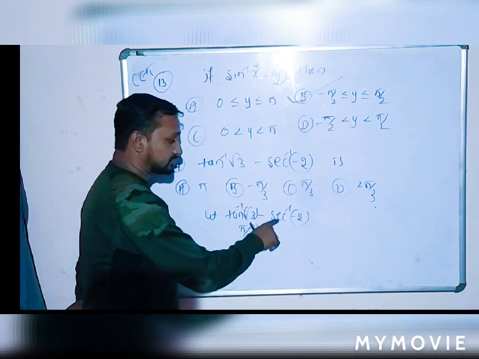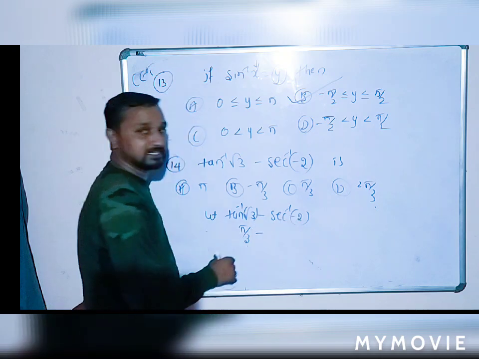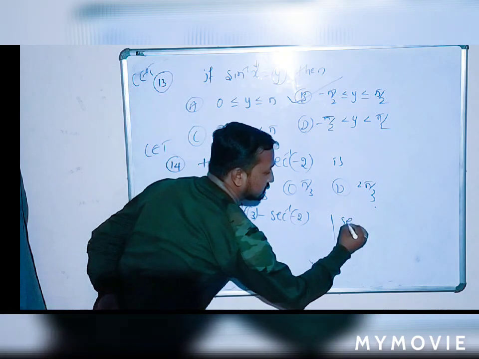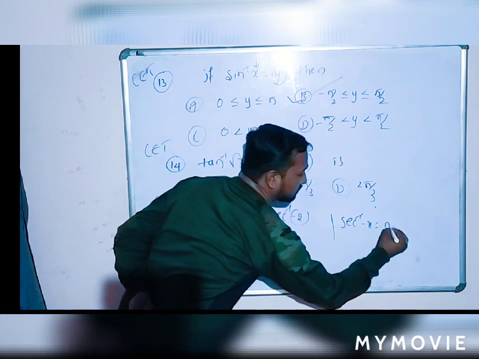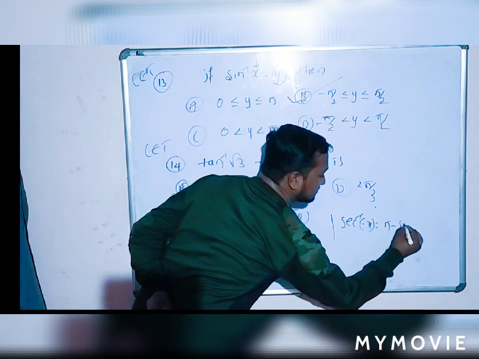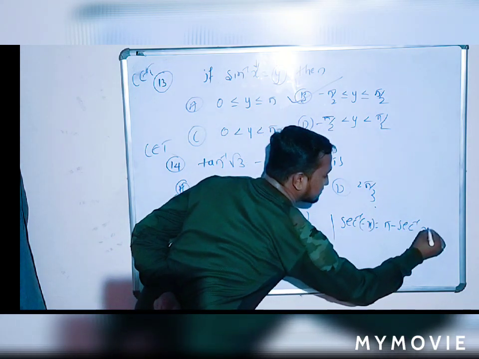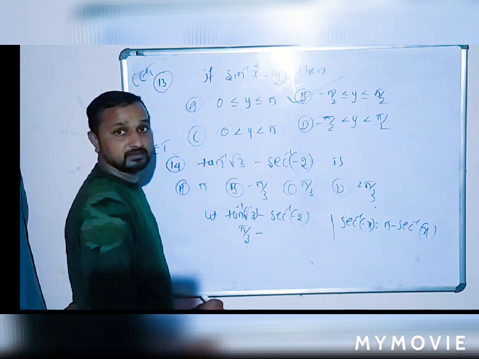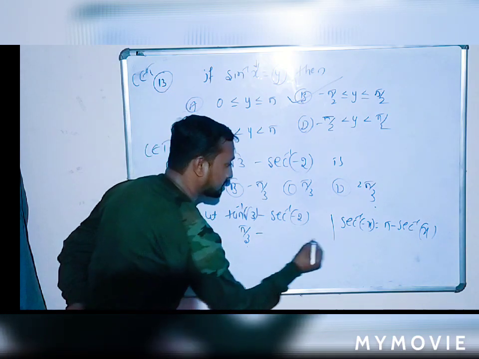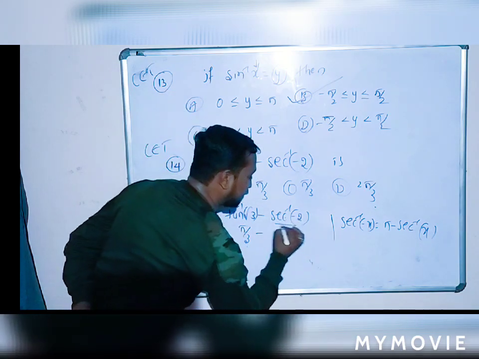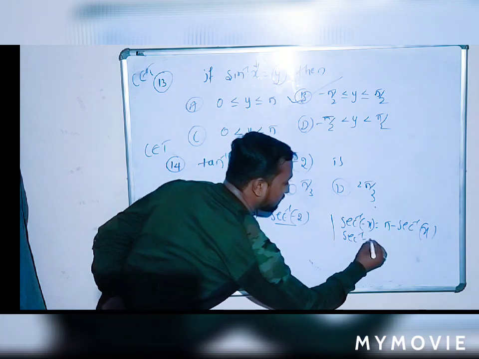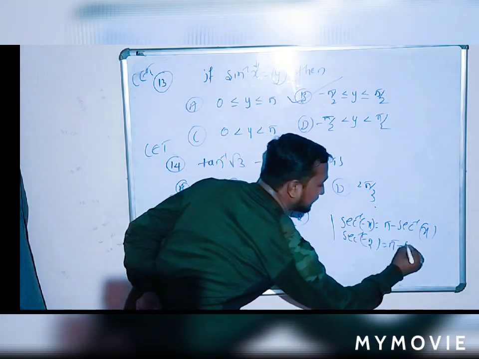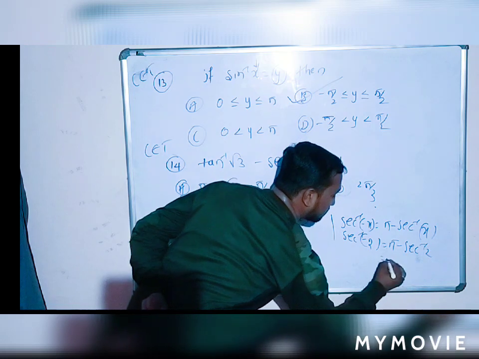Already we know that sec inverse of minus x equals pi minus sec inverse of x. Use that property. Sec inverse of minus 2 equals pi minus sec inverse of 2.